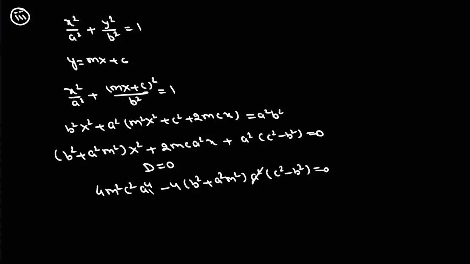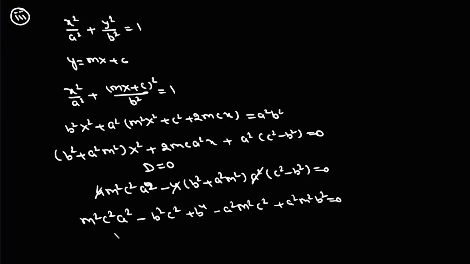Now we can cancel this a square, and this 4. So we can write this as m square c square a square minus b square c square plus b to the power 4 minus a square m square c square plus a square m square b square equals 0. Now this m square c square a square will cancel.